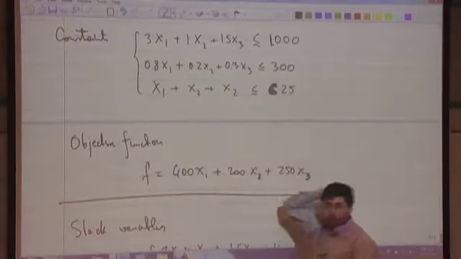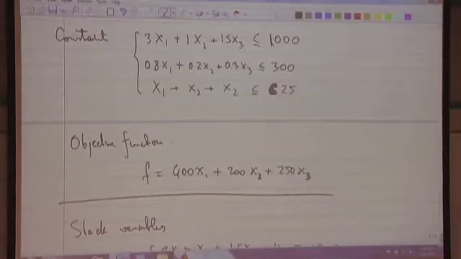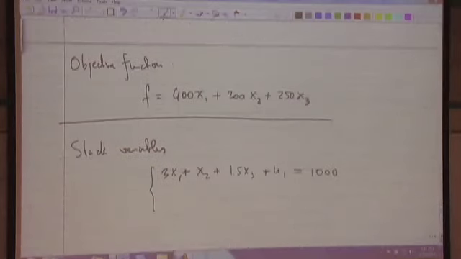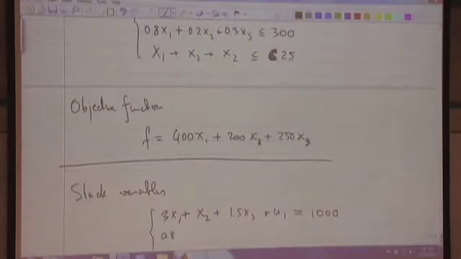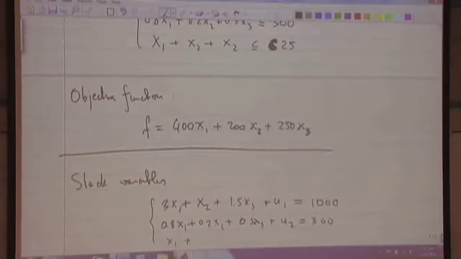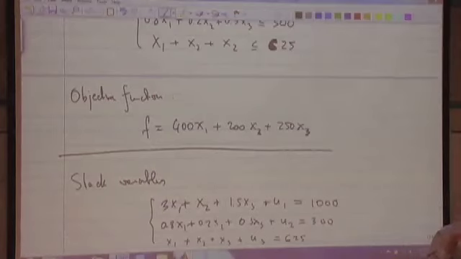I like it to be positive, so I put plus u1. The other one is 0.8 times x1 plus 0.2 x2 plus 0.3 x3 plus u2 equals 300. And x1 plus x2 plus x3 plus u3 equals 625. So for each constraint, I have a slack variable.